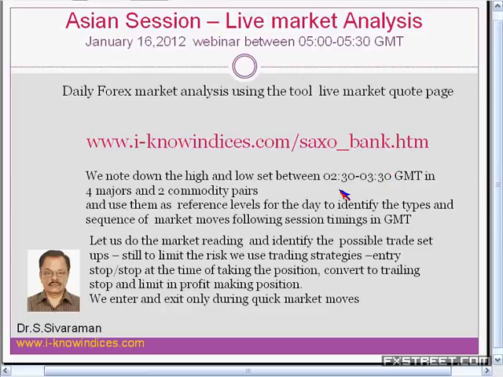Around 0030 GMT, the low and the high are being fixed by the interbank treasury. Depending upon the previous day, the market moves in the last 30 minutes. The last 30 minutes move, the average high of that particular 30 minutes move, and the average low of that 30 minutes move is being noted down, and also the closing price.